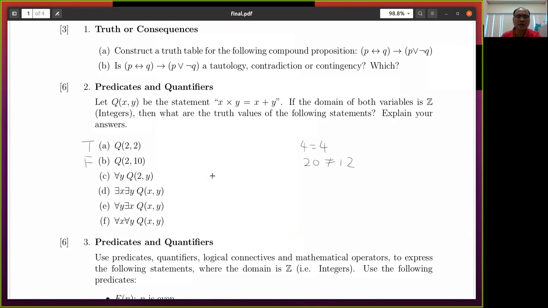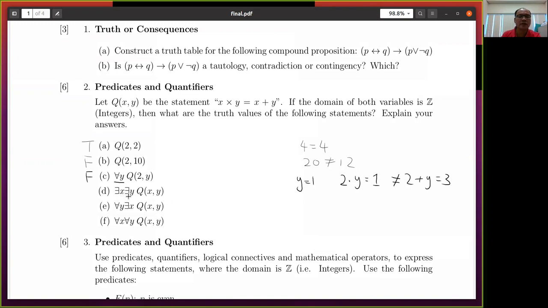But if you want to show that it's false, all you have to do is choose one y that makes it false. There are many values of y you can choose, because this statement is false for most y. Even if y is 1, then 2 times y is 2, and 2 plus y is 3, which are not equal. So it's definitely not true for all y.